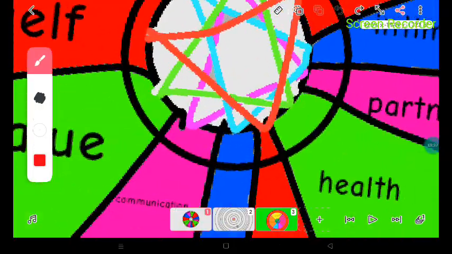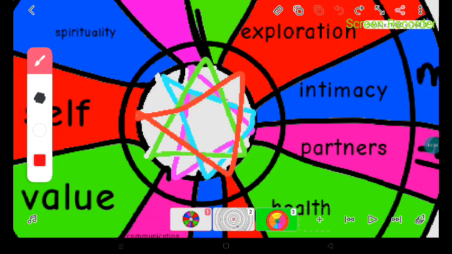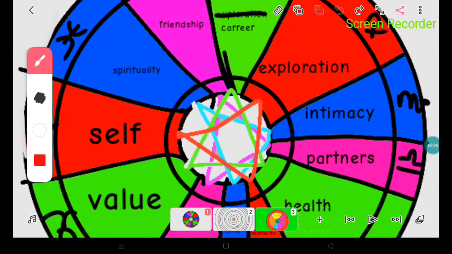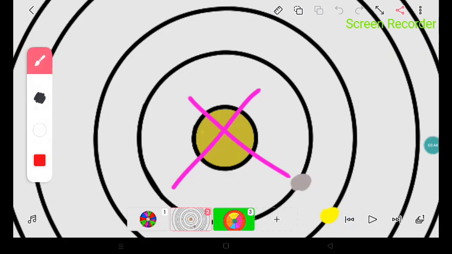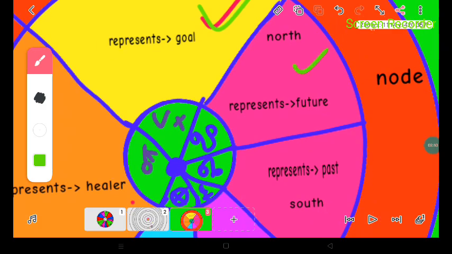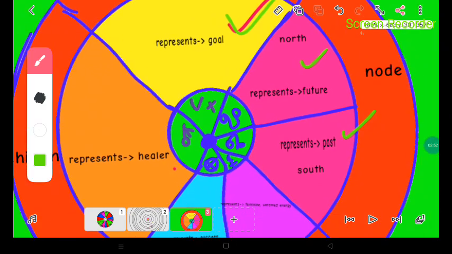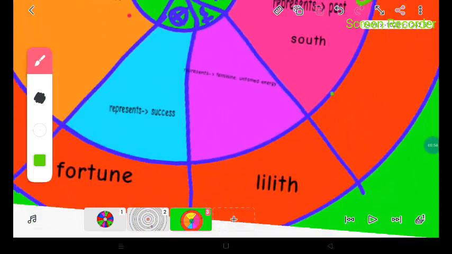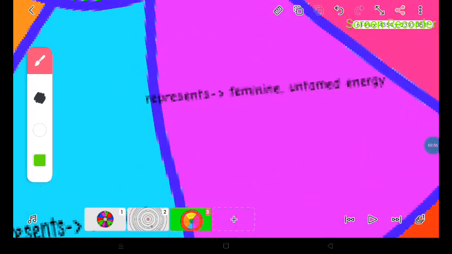And guys, the south node represents the past and the north node represents the future. Okay, y'all? Great. Now, let's put a green tick over here because we found out what the north node and south node are. Now let's find out what Lilith is.